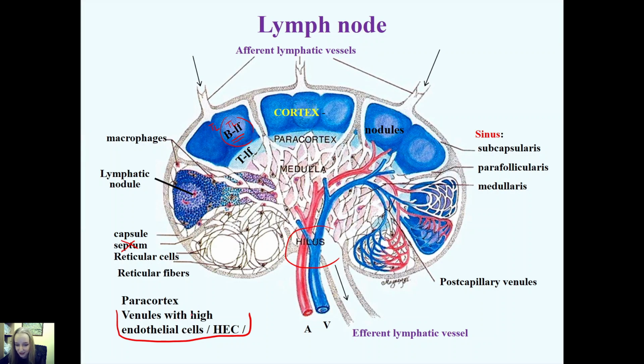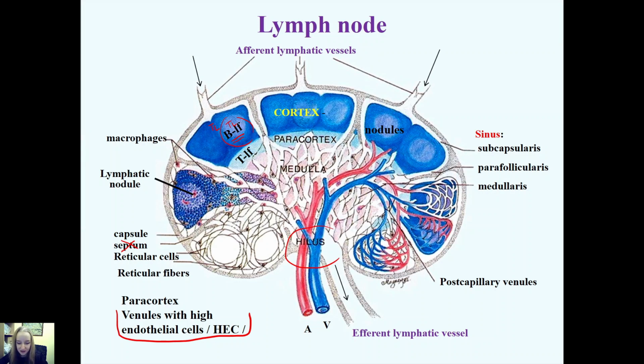What do I mean by that? You have many T lymphocytes normally in your blood circulation, and when a T lymphocyte enters a lymph node, it enters via these high endothelial venules in the paracortical region. These high endothelial venules are specialized for transportation of T lymphocytes.